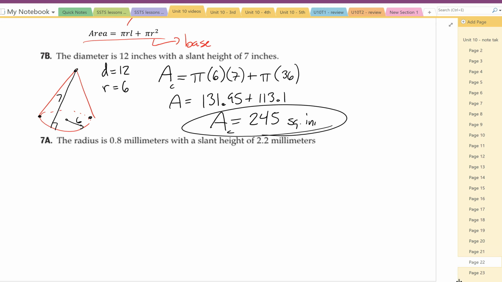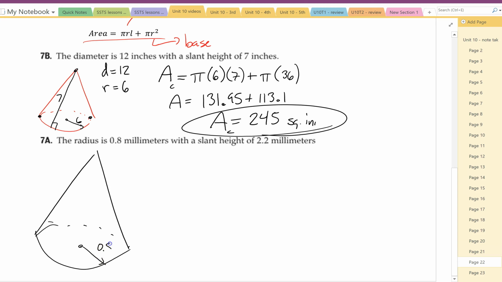Okay, this one, very similar. Another cone. Radius is 0.8 millimeters, and the slant height on this one is 2.2 millimeters. Okay.